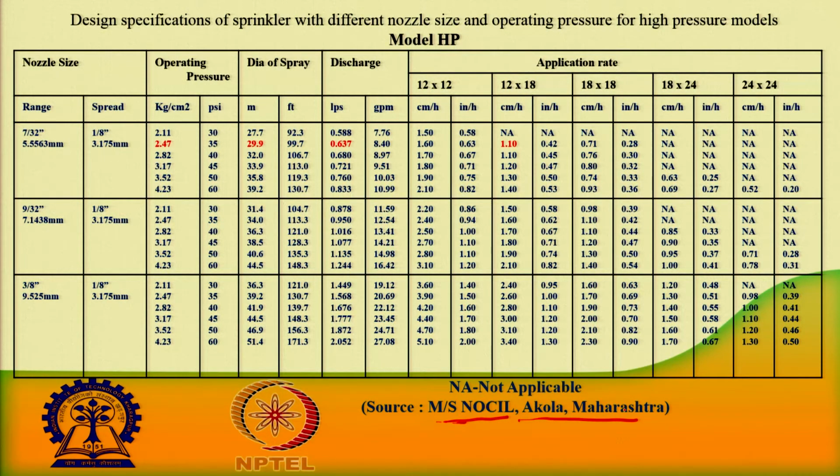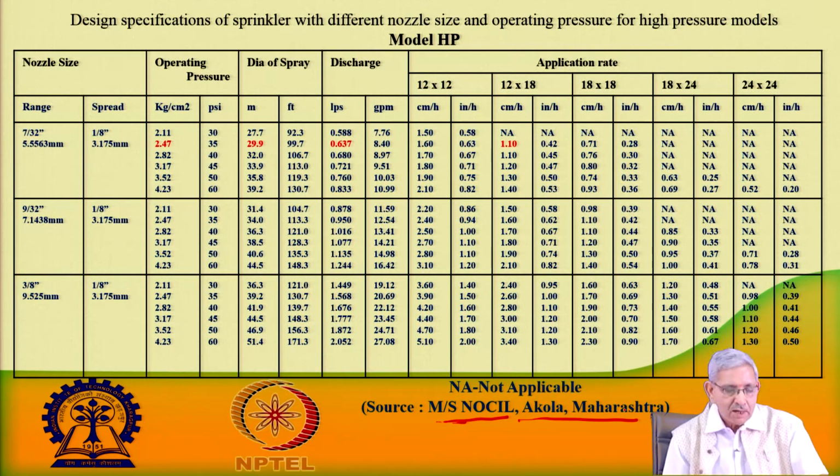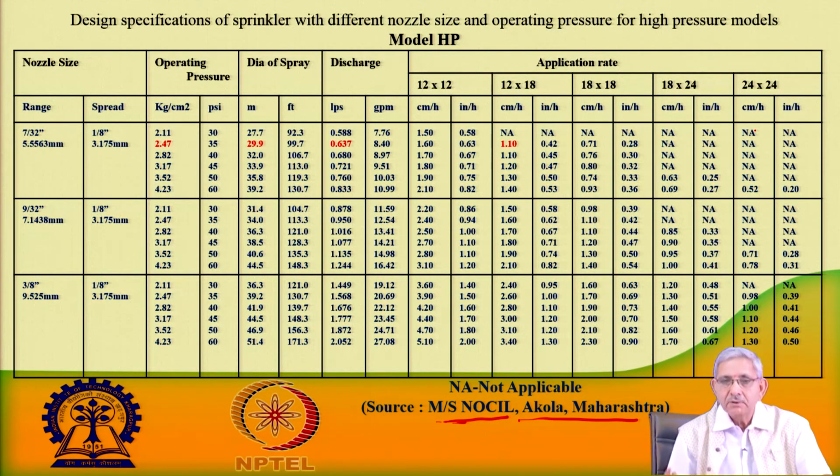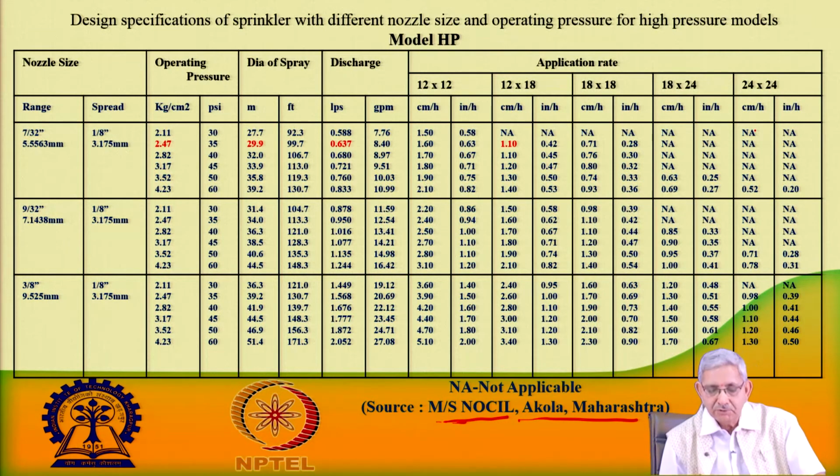I got the data from the company, and in this chart information is available: what the nozzle size is, what the operating pressure is, what the diameter of spray is, and then the discharge, depending on the particular type of arrangement or layout we are using.